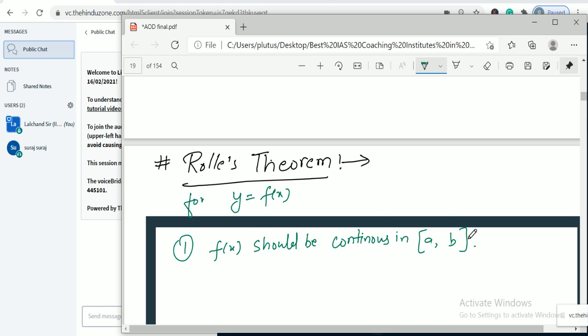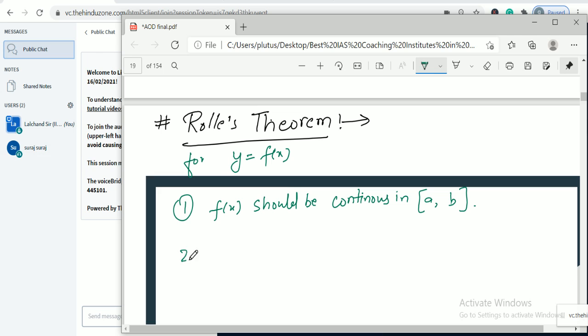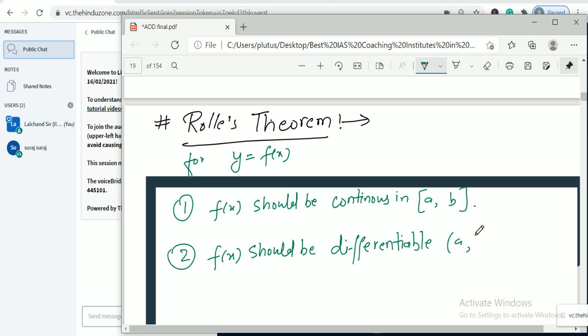The second condition: f(x) should be differentiable in the open interval (a, b). This is the second condition.